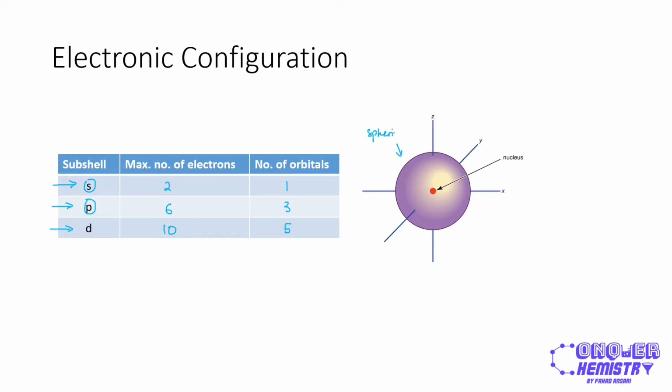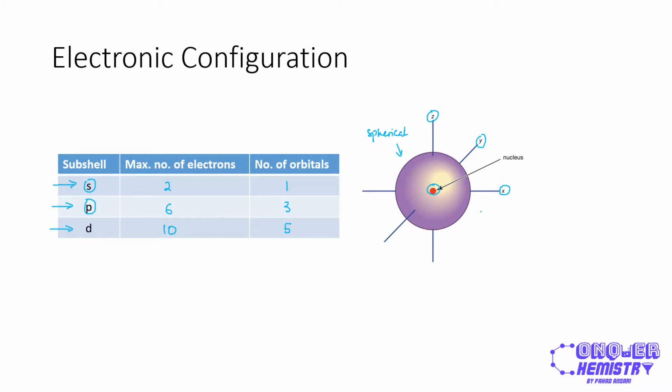Now on this flat screen you might think that this is a circle, but it's not. It's a sphere. And we denote this being a sphere and not a circle by using these axes, x, y, and z, to show that we are talking about a figure in 3 dimensions. All right, and at the center of this spherically shaped s orbital, we have the nucleus, the center of the atom.